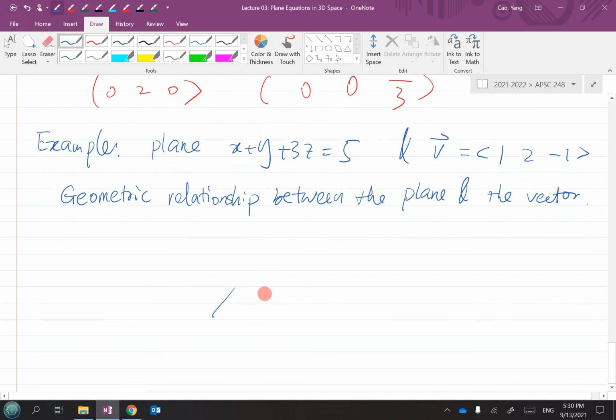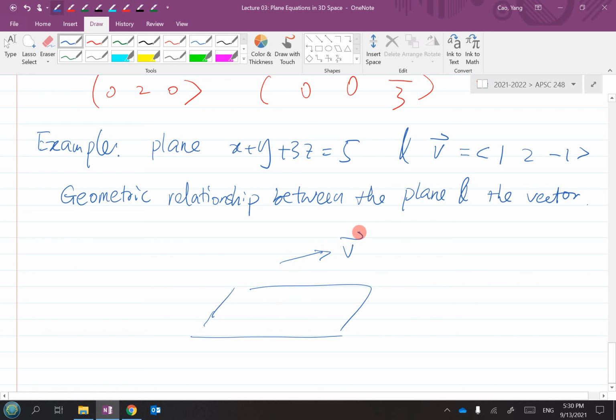But geometric relationship essentially means if you have a plane here, and then imagine the vector. So the vector could be directly on the top of the plane. And if you imagine there's a line coming through the vector, the line will never touch the plane.